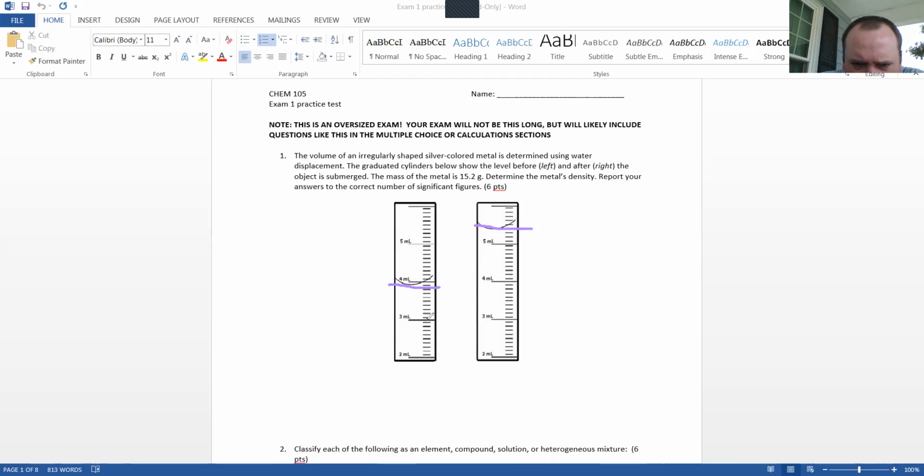This one is reading about 3.9 milliliters, and this one is reading about 5.40 milliliters. So the volume is the difference between the two. And then density would be mass over volume.